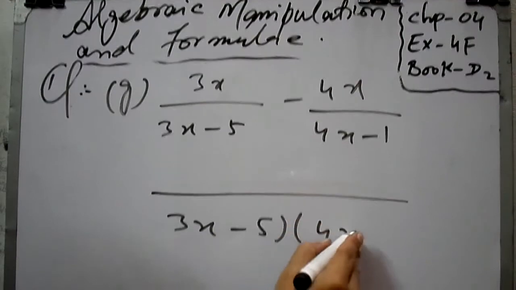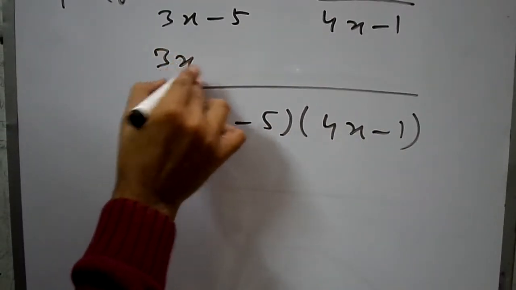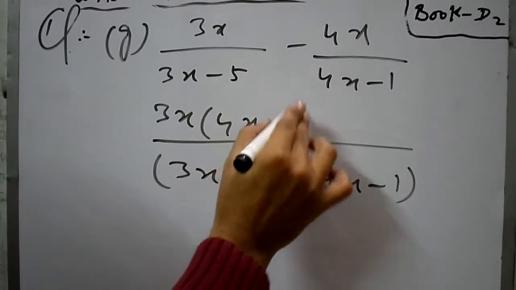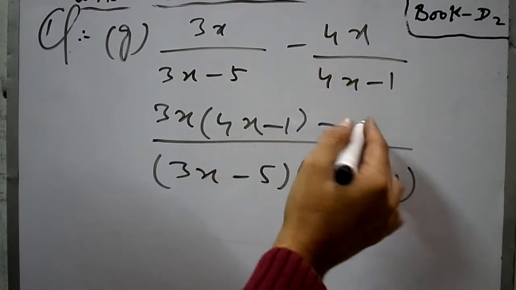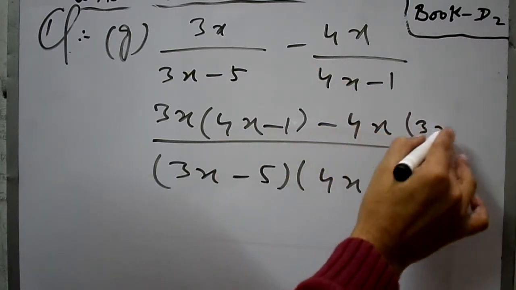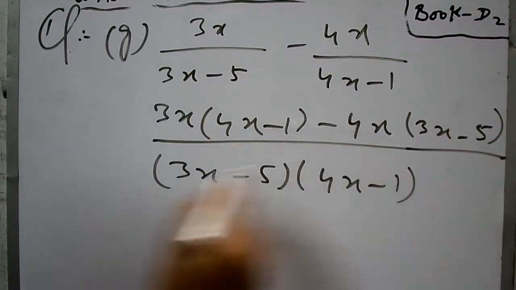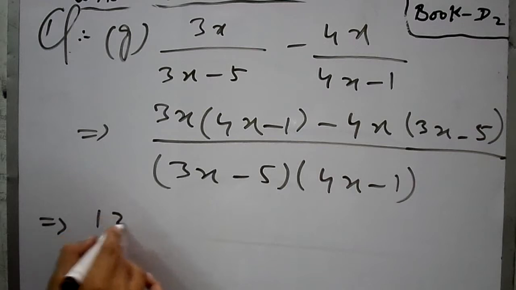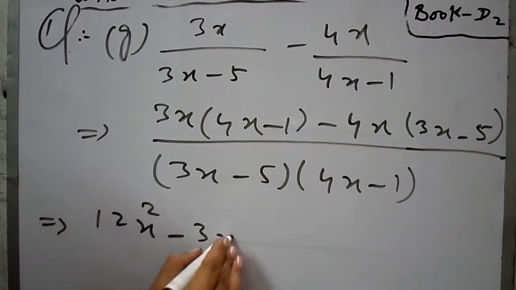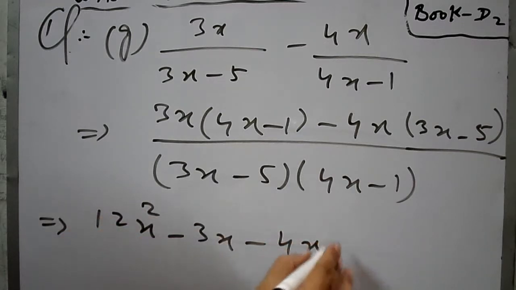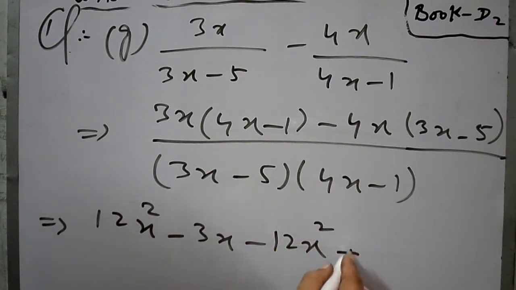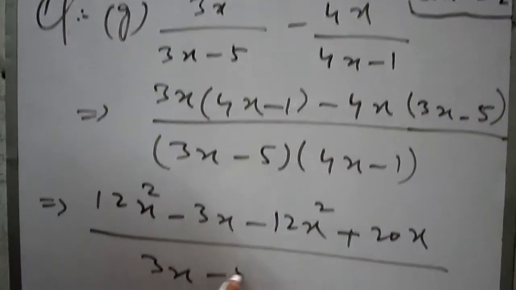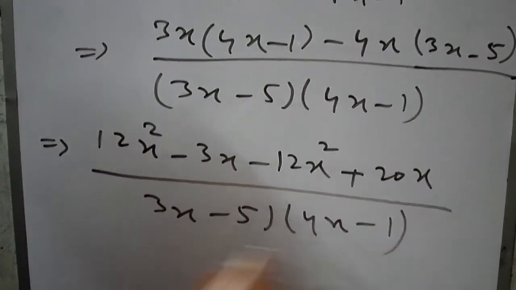By the same methodology, first you take the LCM, then multiply with the numerator, so simplify it. 12x square plus 20x divided by 4x minus 1.